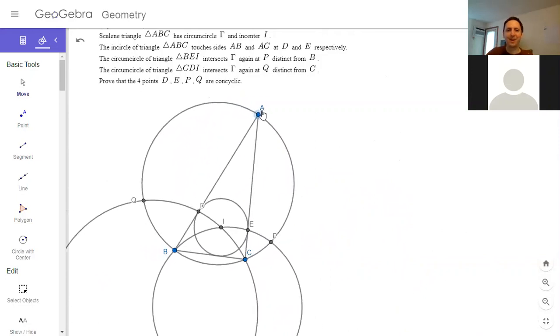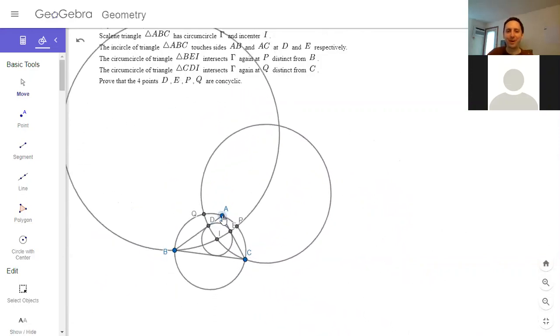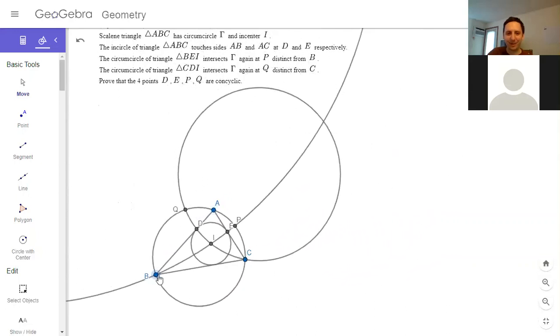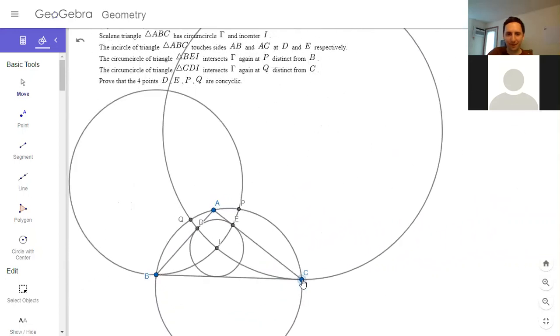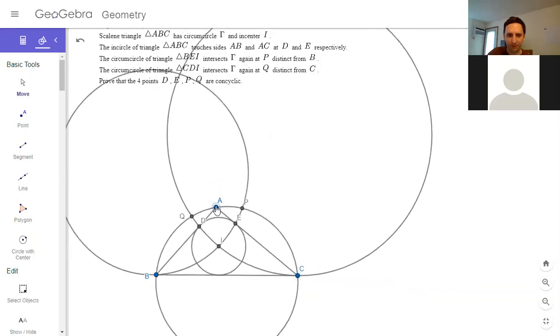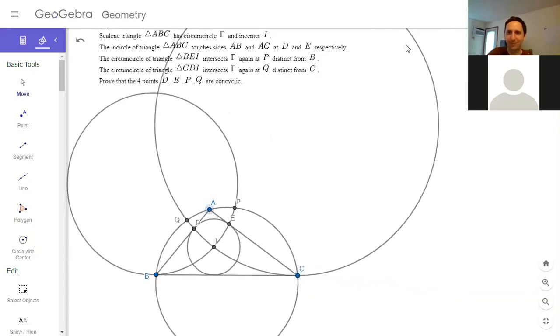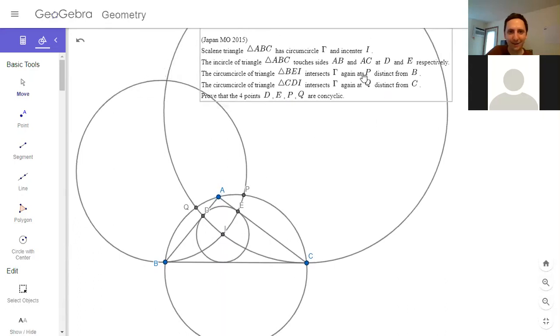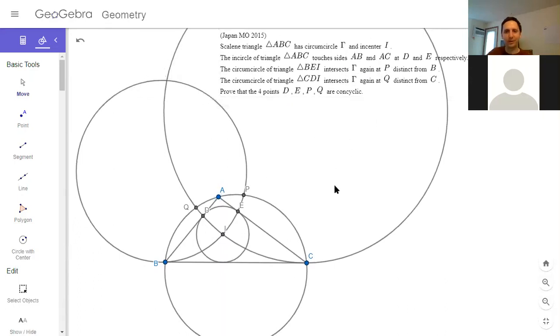Which way do you guys like better? The circles on the bottom or on the top? I'll do them on the top. Top is better. Yeah. All right, move the problem over here so you can see it.